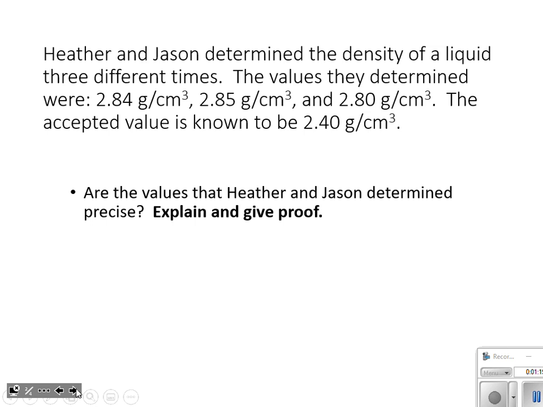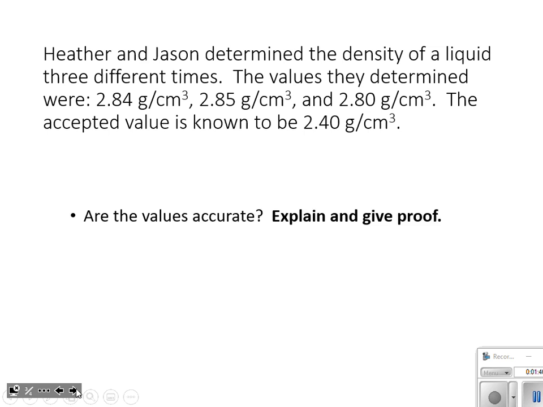Looking at that 2.83, the first one is 0.01 off, the second one is 0.02 off, and the third one's 0.03 off. If I average those, they would be pretty close, wouldn't they? So I would say, yes, those are precise measurements, and I could go through and explain something about deviation, all right?